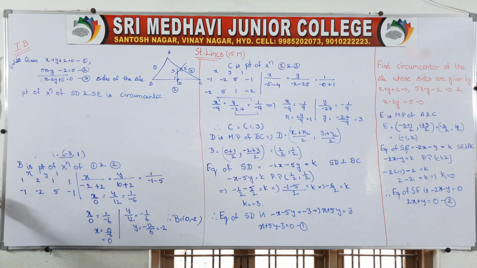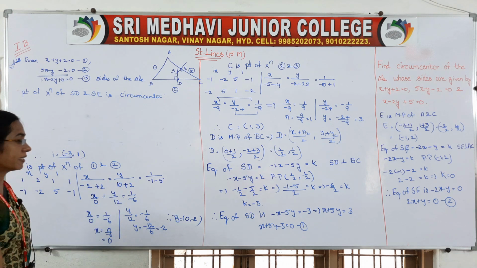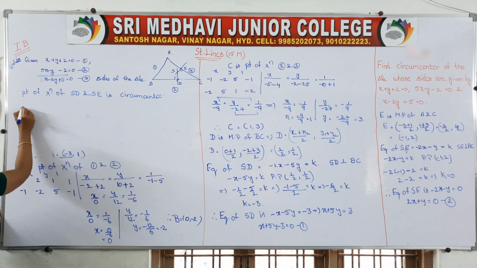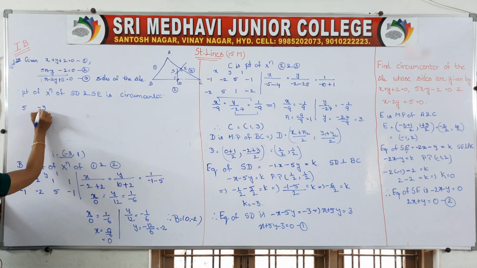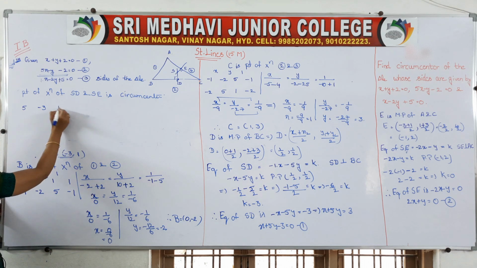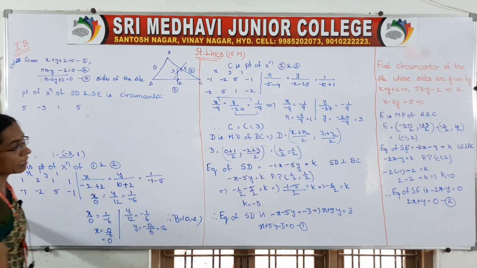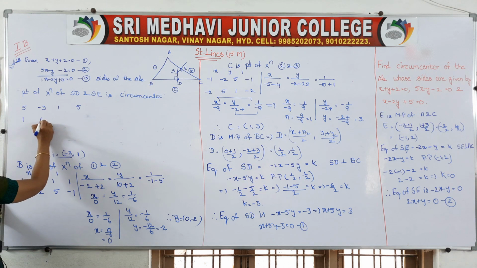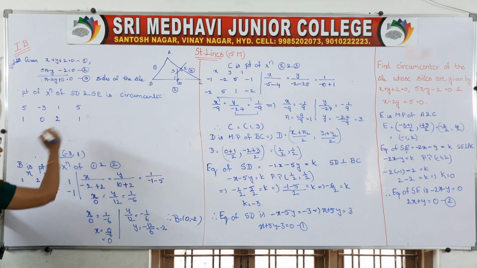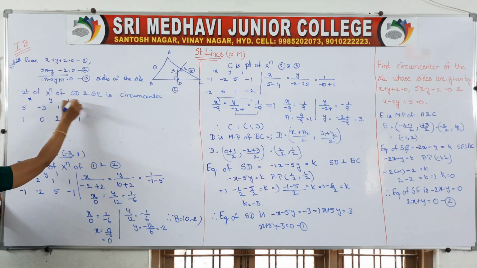So you take your SD and SE. How will we take SD? Same way: y coefficient, that is 5, constant -3, x coefficient and again y coefficient. And SE: y coefficient 1, constant 0, x coefficient 2, y coefficient 1, right? Above you write x, y, 1.